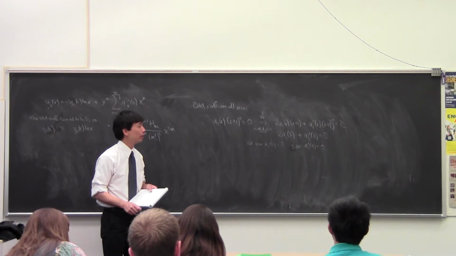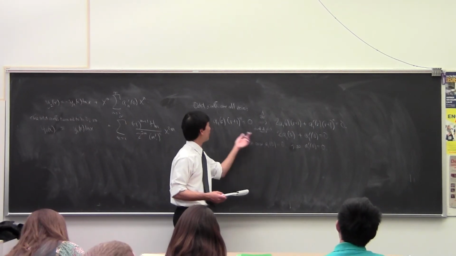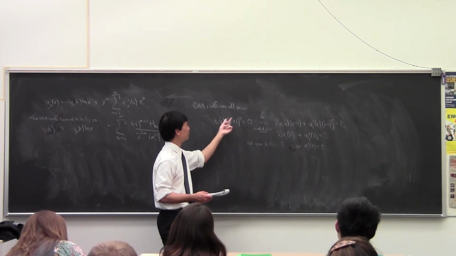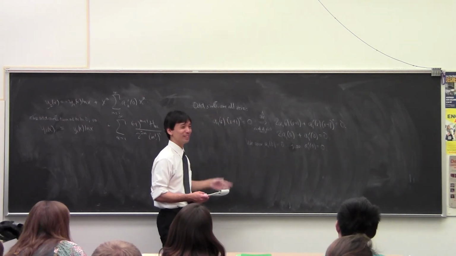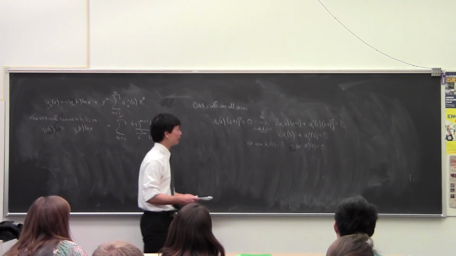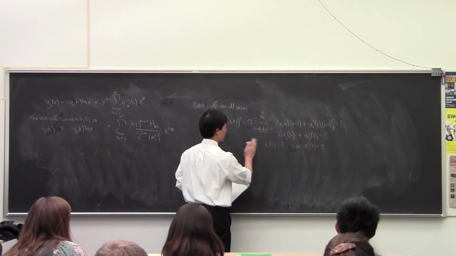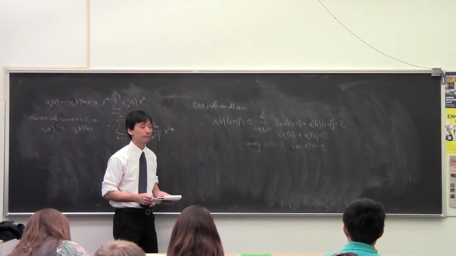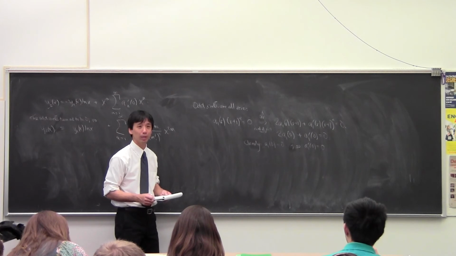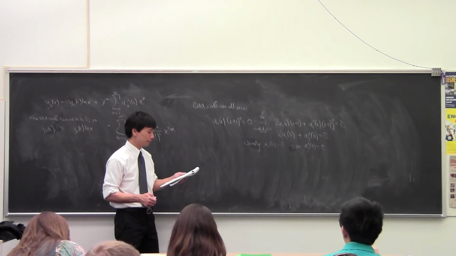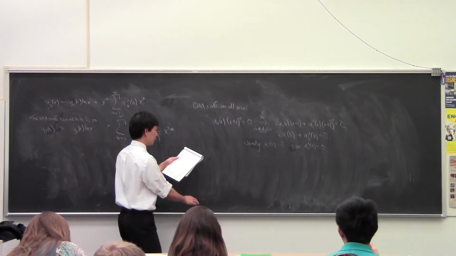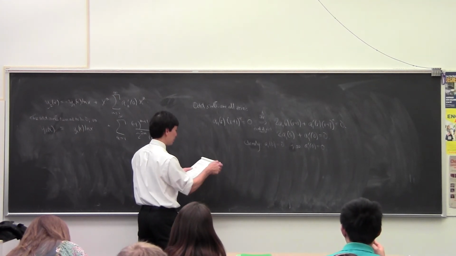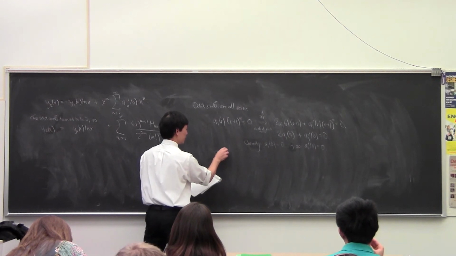Where did we see that? We did it yesterday. When you took r to be 0, you got a1 equals 0. So a1 at 0 is 0, and so a1 prime of 0 is 0.